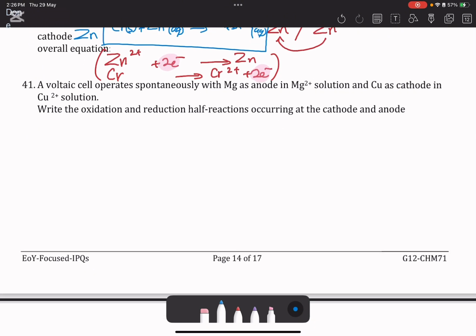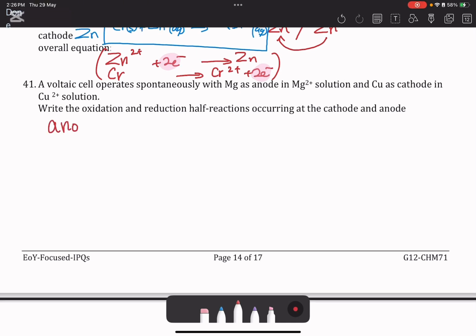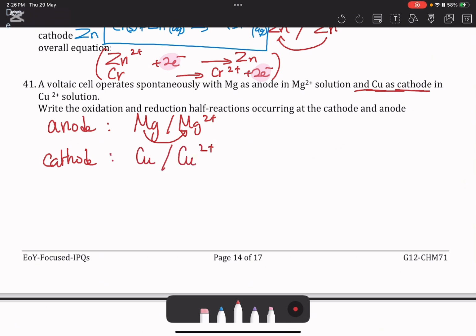Now another question. A voltaic cell operates spontaneously with Mg as anode in Mg2+ solution. So as I told you, at the anode, it's the metal giving the ion, and Cu as a cathode, so that's the cathode. I have a Cu2+ solution, so it's a reduction.